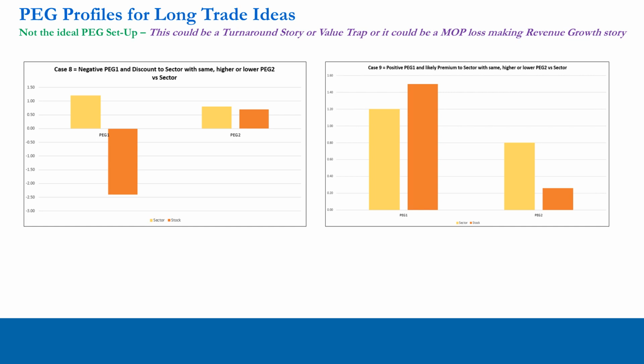And then what we do is we move further and we do further work digging deeper to figure out what is actually going on in the stock and whether it's a genuine turnaround story or not.